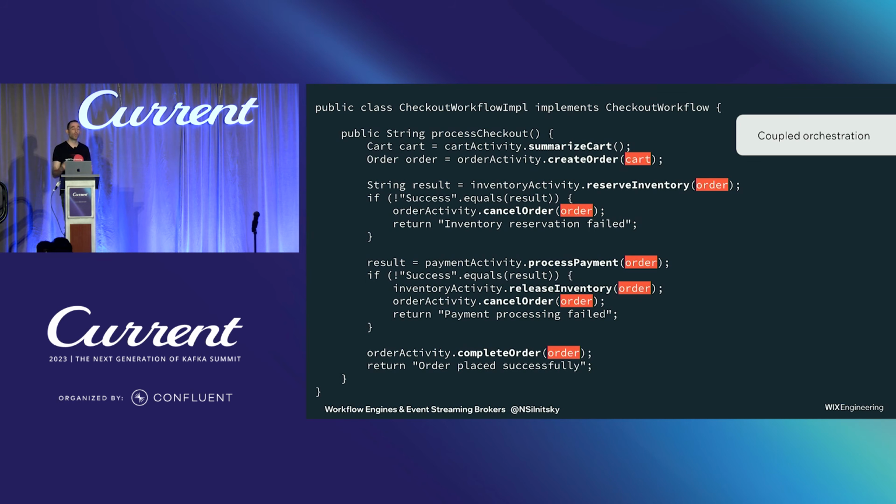So if I want to extend the code here and say, okay, I reserve the inventory, I want to make sure that eventually a webhook will announce that inventory was reserved. So I'm going to need to explicitly call something like emit HTTP webhook now. It's a lot less decoupled.